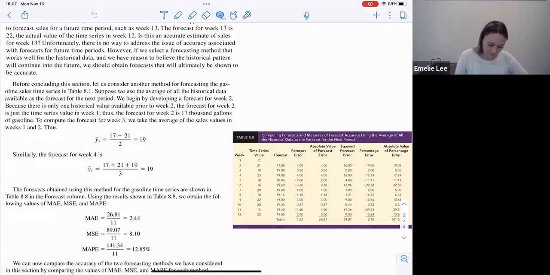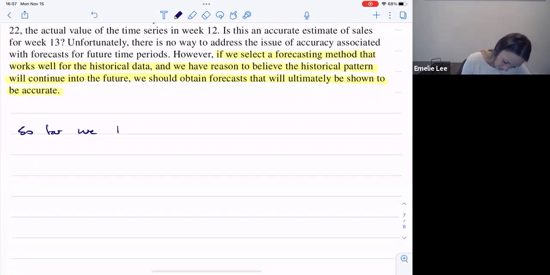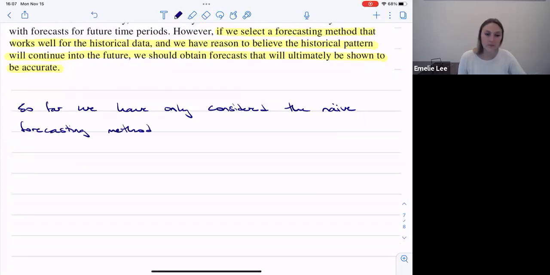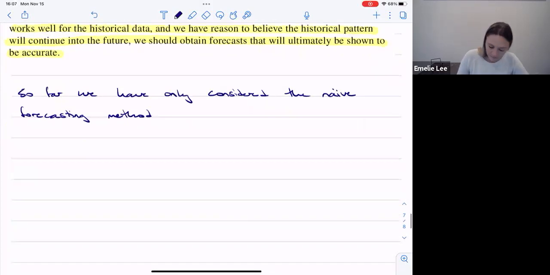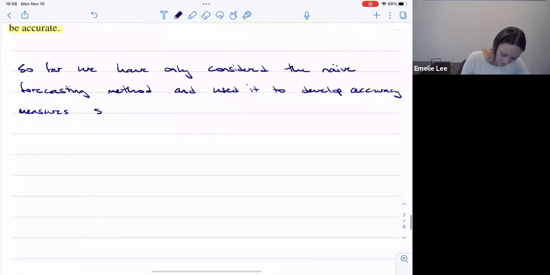So far we have only considered the naive forecasting method, and used it to develop those accuracy measures, such as the MAE or the MAD, the mean squared error, and the MAPE.